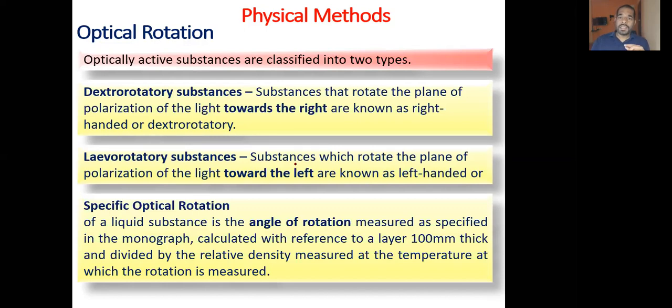This is the important part: it is the angle by which the polarized light is rotated. For example, straight line polarized light is going, but if it passes through a particular compound, that light is rotated either to the left side or the right side, and that angle is considered the specific optical rotation.